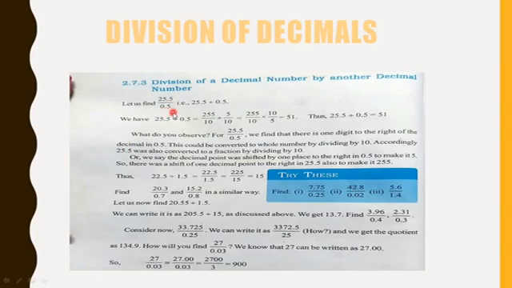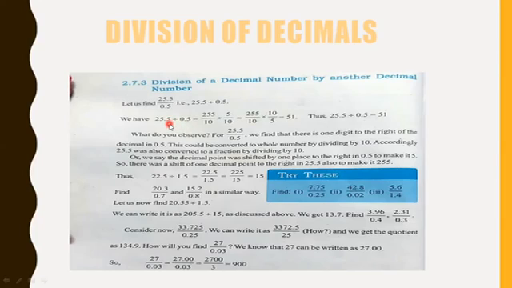25.5 divided by 0.5. If you remove the point, you write 255 by, and after the point, if one number, that is by 10; if two numbers, that is by 100; and if three numbers, that is by 1000.